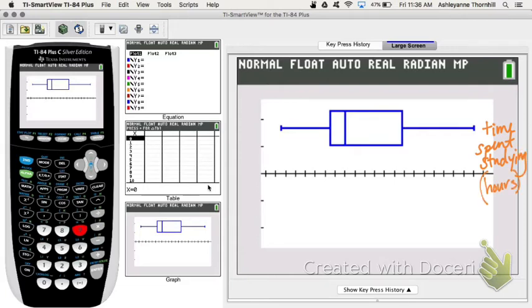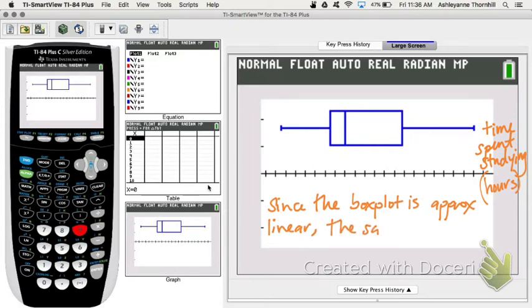And then underneath the box plot, you would say, since the box plot is approximately linear, the sampling distribution is approximately normal. And you'll also want to put numbers. I didn't label my numbers on the box plot.